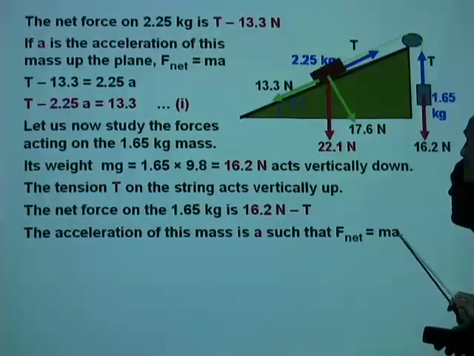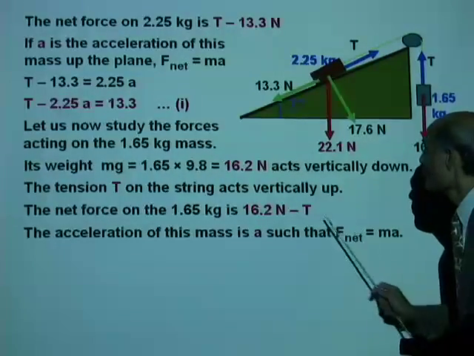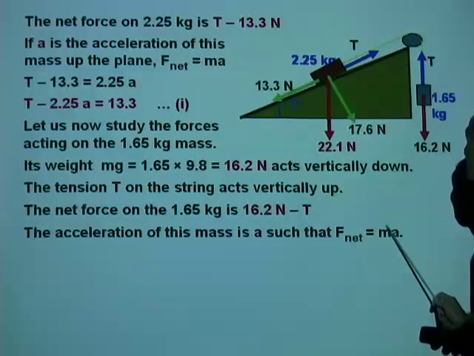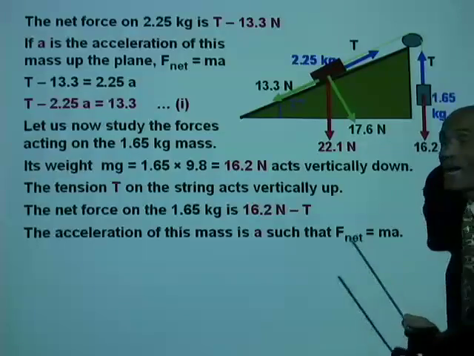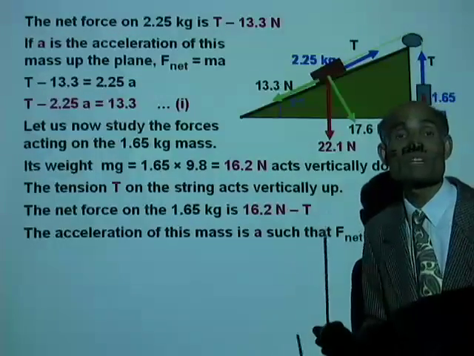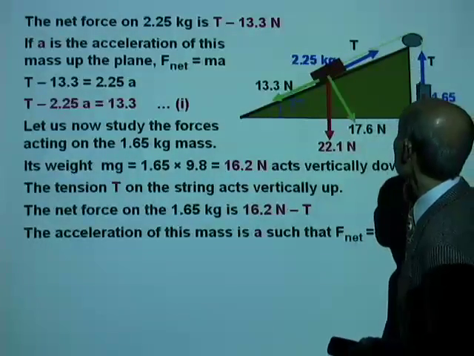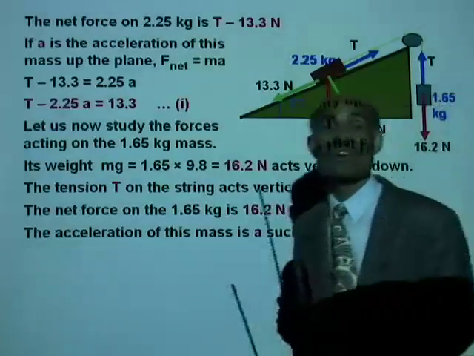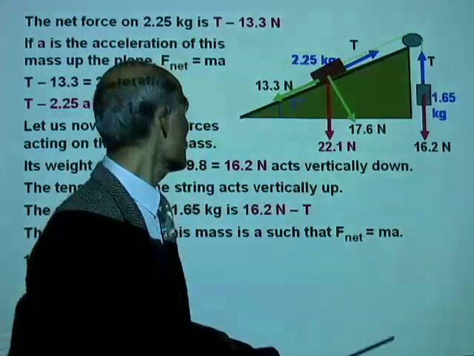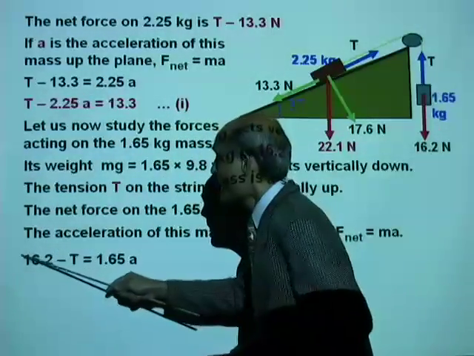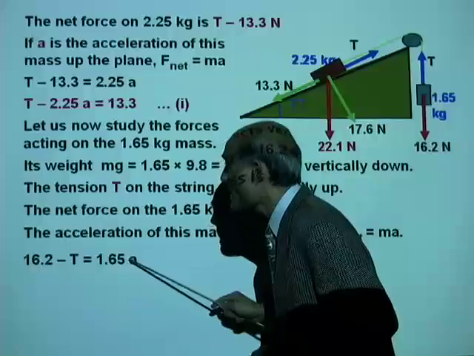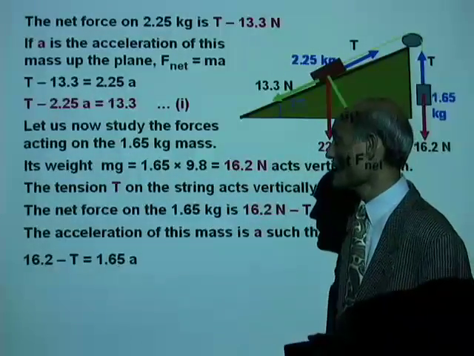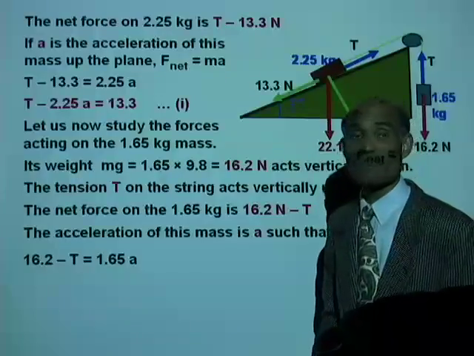F net equal to MA, where M is 1.65 and A is the acceleration which we need to find. Because they are connected, the acceleration of this mass is the same as the acceleration of the other mass. So we have 16.2 minus T equal to 1.65A.